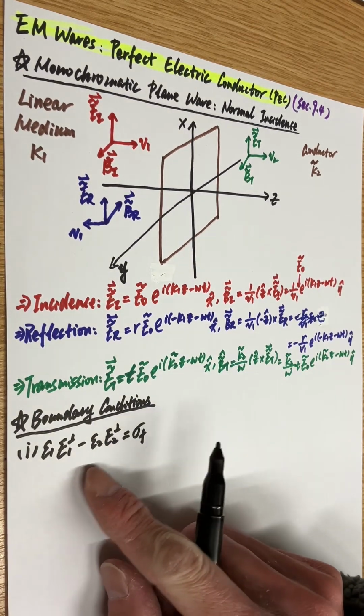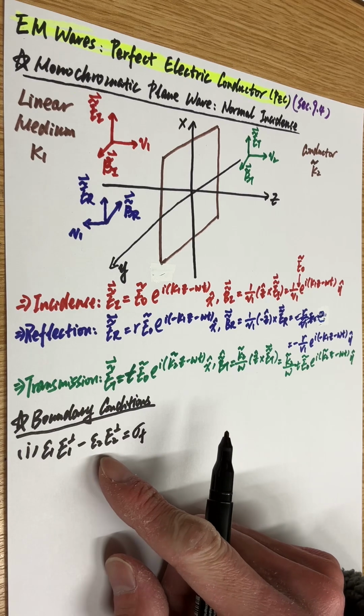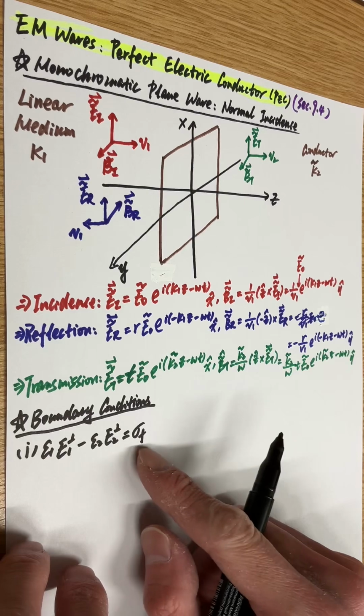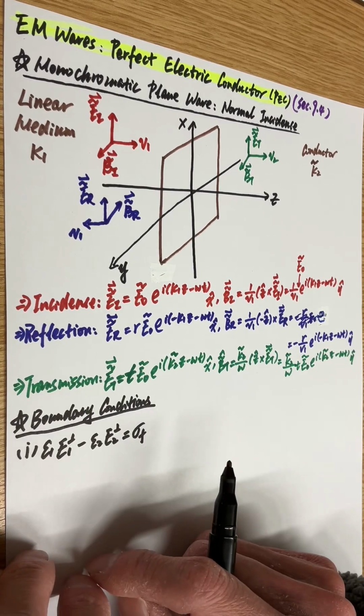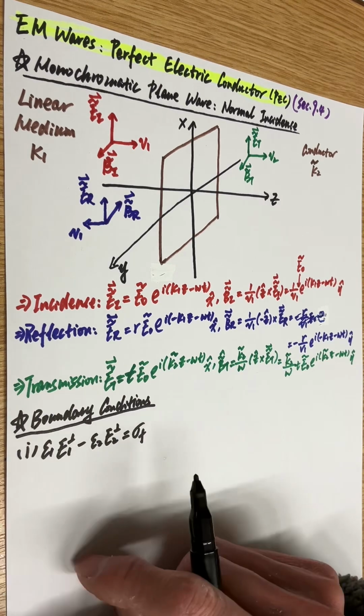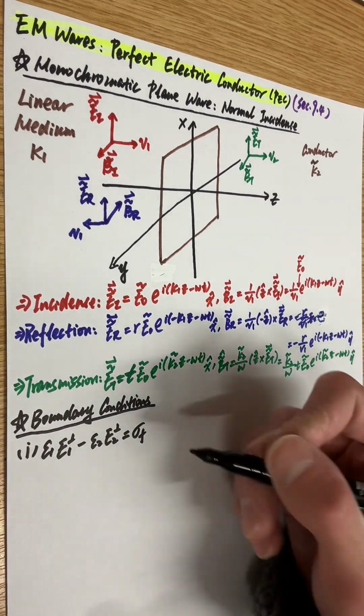This is given to us by Gauss's law. On both sides, the E field will be different, but they share the same free charge on the surface. So when we do a surface integral, we get the normal component of the field.